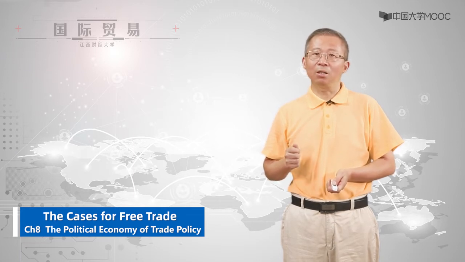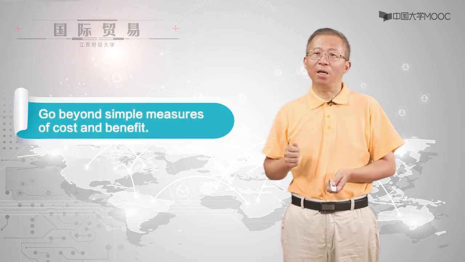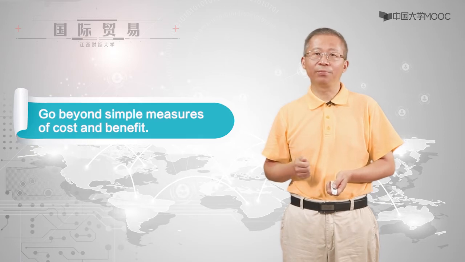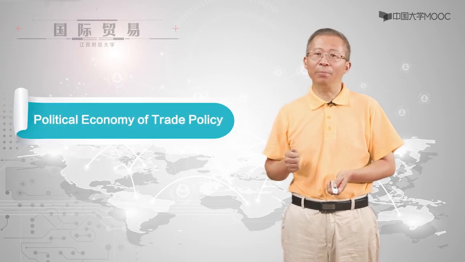According to the cost-benefit analysis we have learned, clearly, government policies reflect objectives that go beyond simple measures of cost and benefit. It is necessary for us to examine some of the reasons governments don't base their trade policy on economists' cost-benefit calculations, which is the political economy of trade policy.